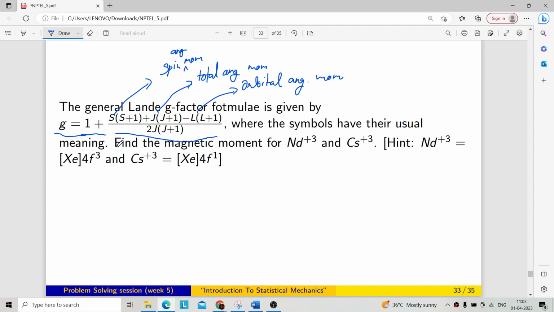So we are given two ionized atoms, Nd3+ and Ce3+. Then we have to calculate the magnetic moment for these atoms, right?